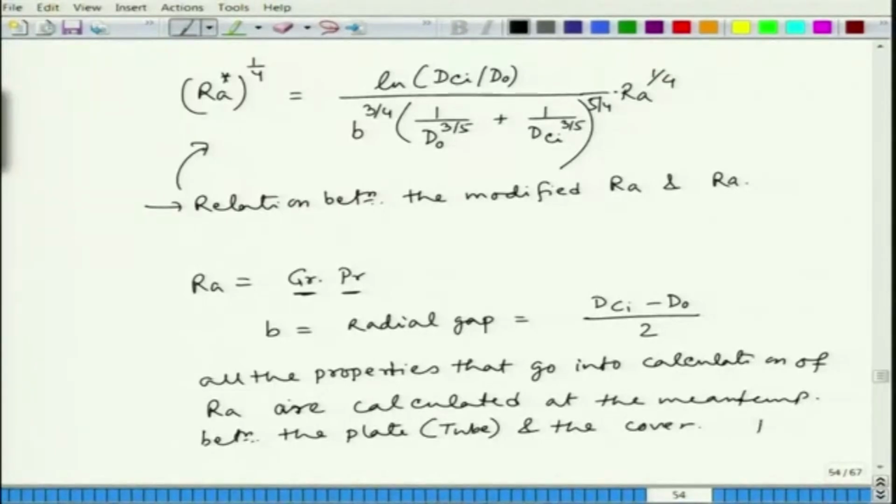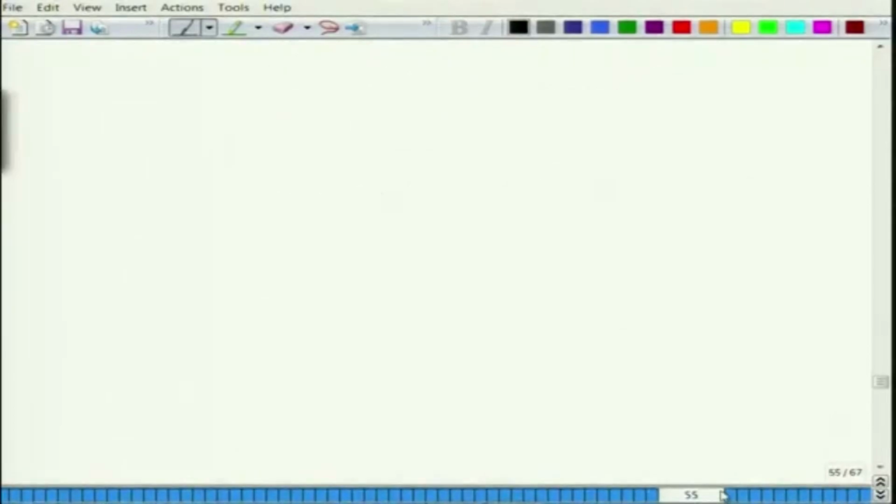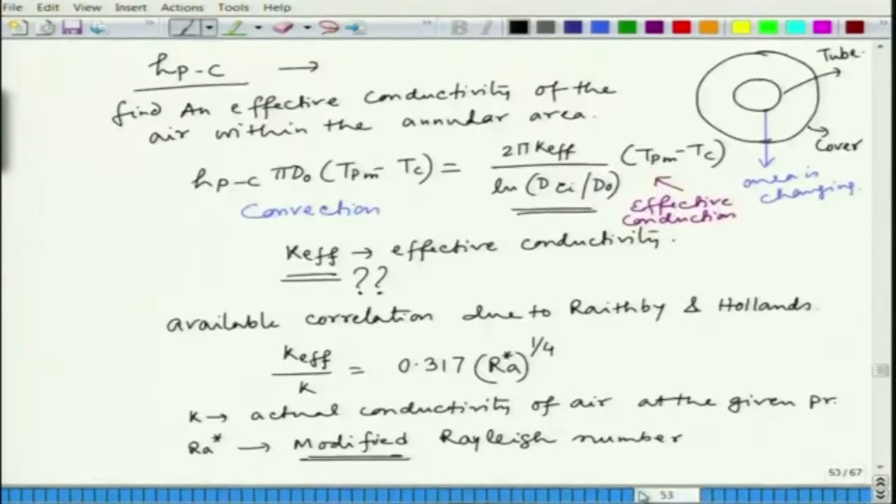That means this T p m plus T c by 2, that is the mean temperature between the tube and the cover, and all the properties that you are calculating should be at that mean temperature, then only you can find out. Okay. So, Rayleigh number, if you know that, then you go back and find out what is the effective conductivity, okay, and that is how you can find out what is the h p c.